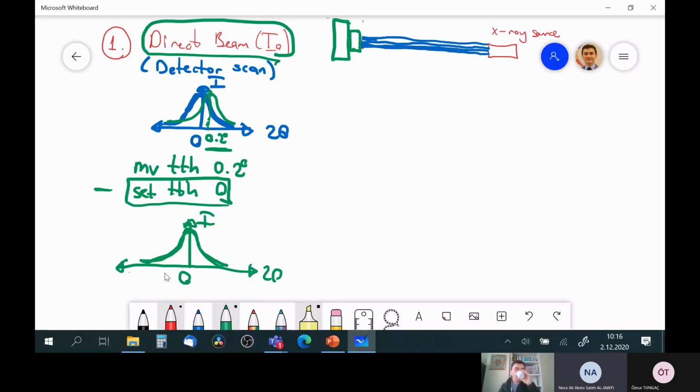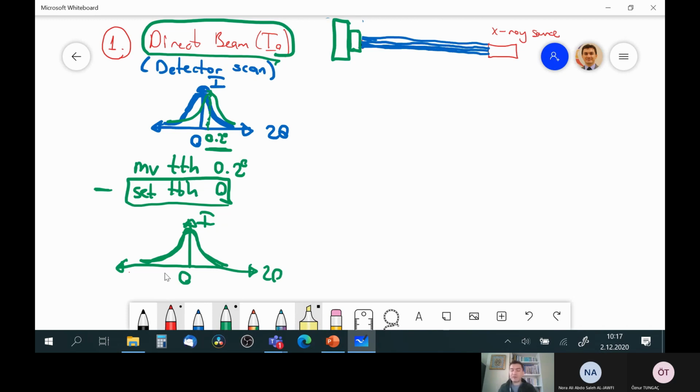Hocam, here we are able to move just the detector. I mean, the X-ray source, we cannot move it, right? Yes, let's consider in the synchrotron light sources, you cannot move the beamline, okay? The X-ray source is staying at the right position. But in some commercial X-ray diffractometers, the X-ray source can also be moved.